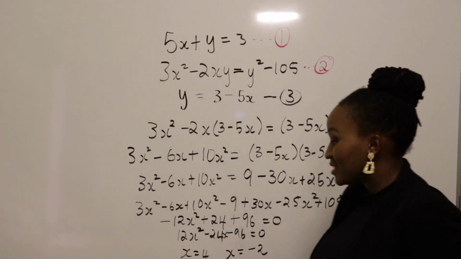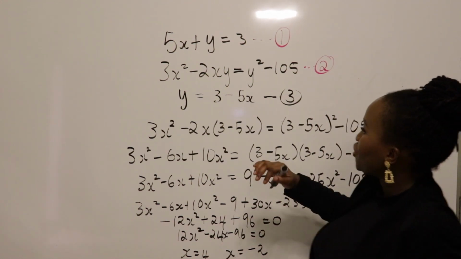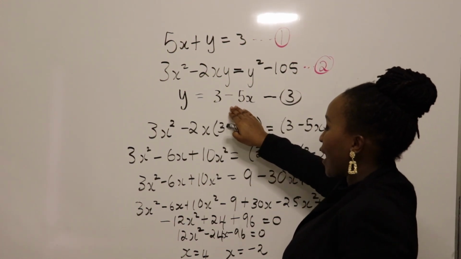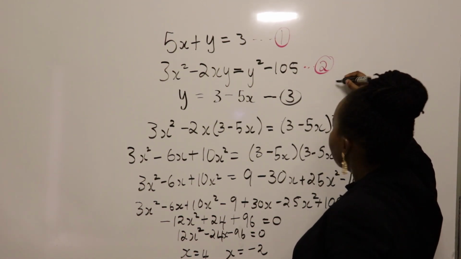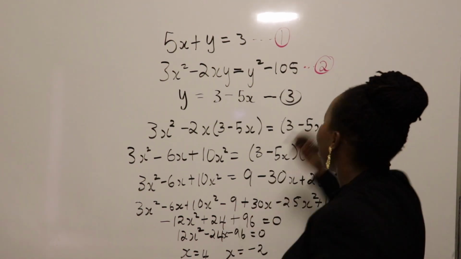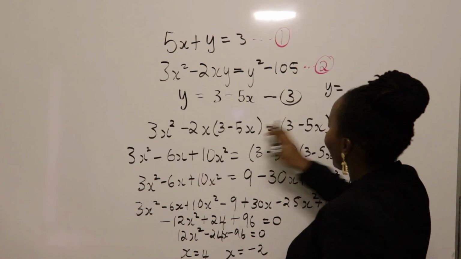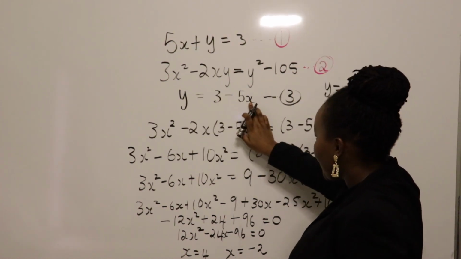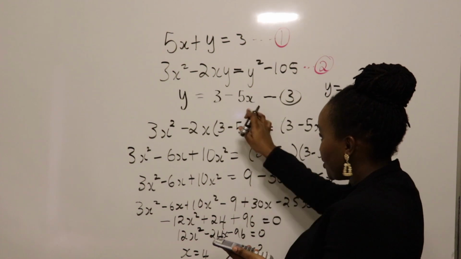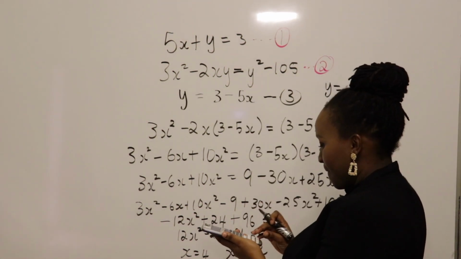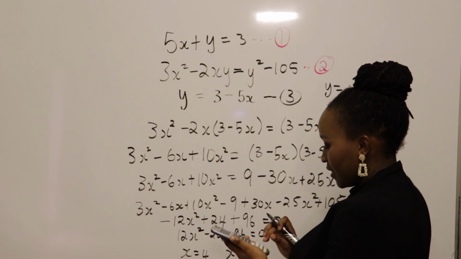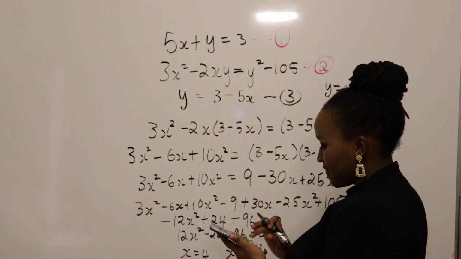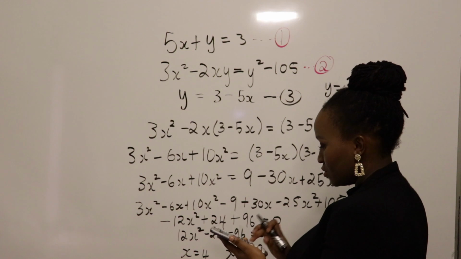So now I can take these values of x and substitute in this equation to find y. So the first y, I don't have enough space, sorry about that. y will be equal to, if I put minus 2 here, I'll get 3 minus 5 multiplied by minus 2.